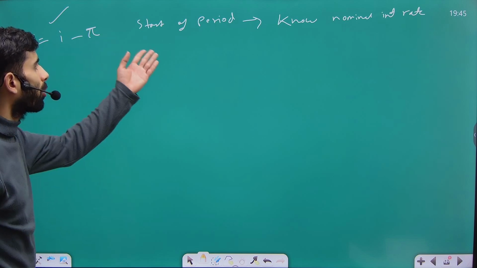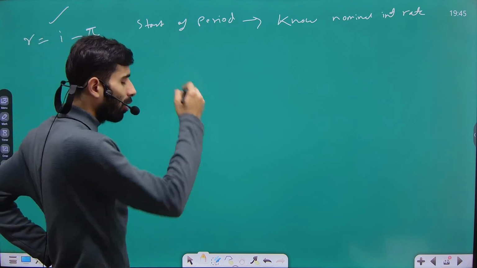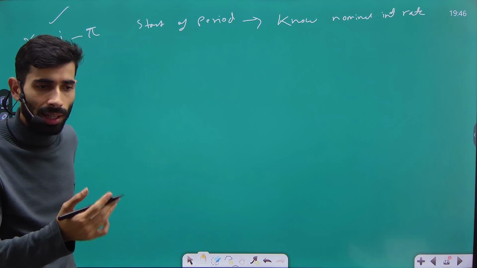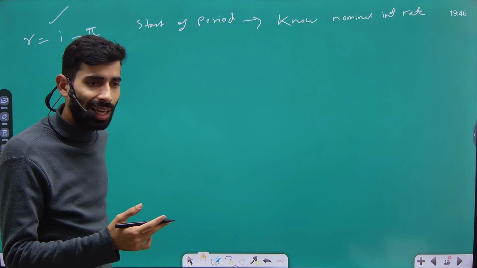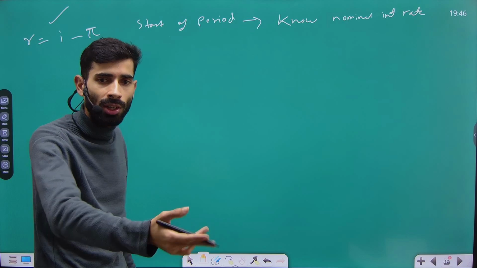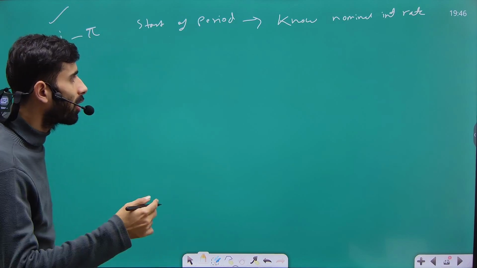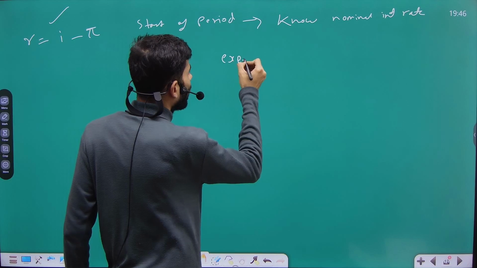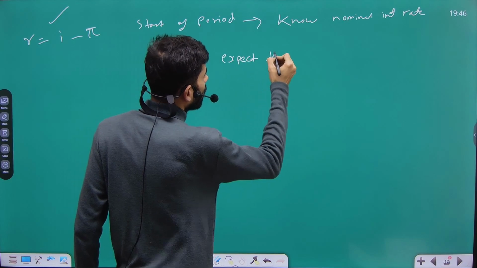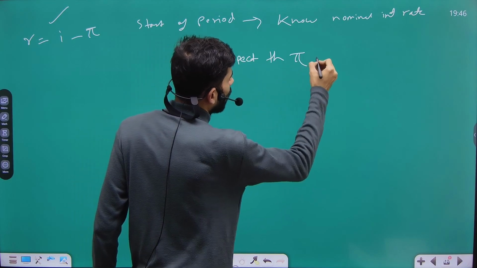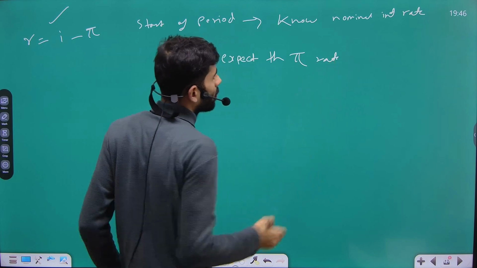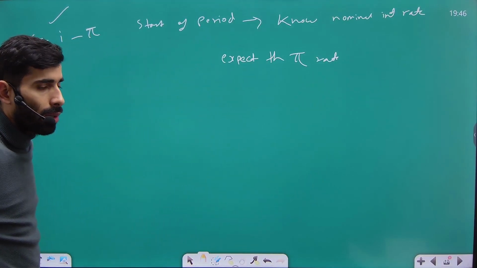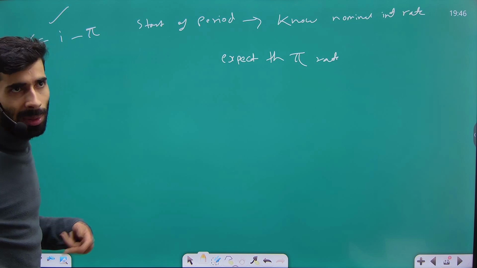But at the start of the period, when you are initiating a borrowing or lending decision, you don't know what exact inflation is going to happen in your economy. So basically we can just expect, or estimate, the inflation rate. So you are making a guess, or you can say you are making a gamble.